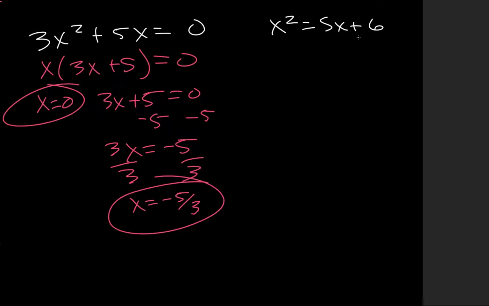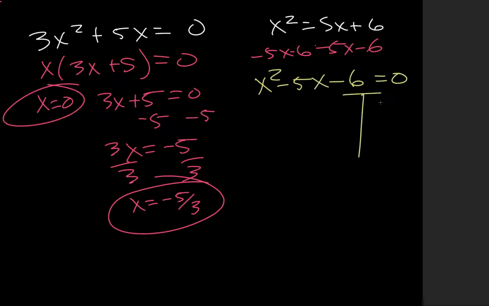Okay, this one we need to use a factoring method. So since it's quadratic, meaning x squared right here, we need to subtract everything onto the same side. I'm going to switch colors. So that leaves us with x squared minus 5x minus 6 equals 0.